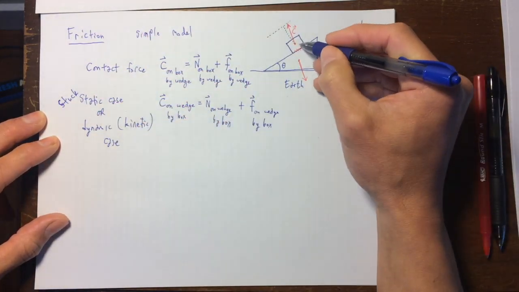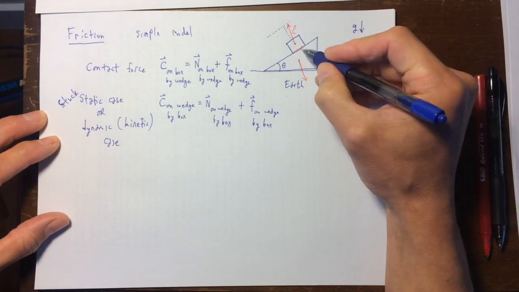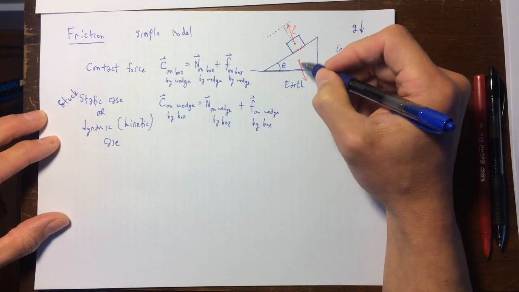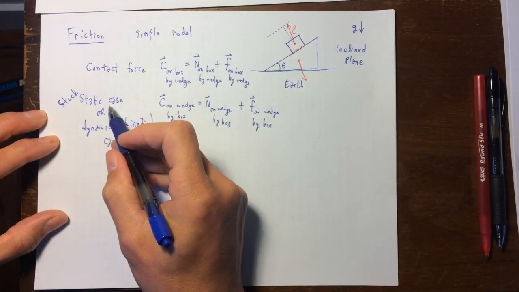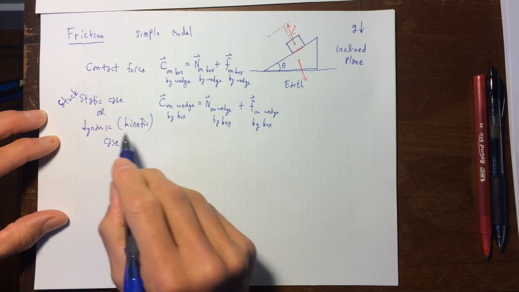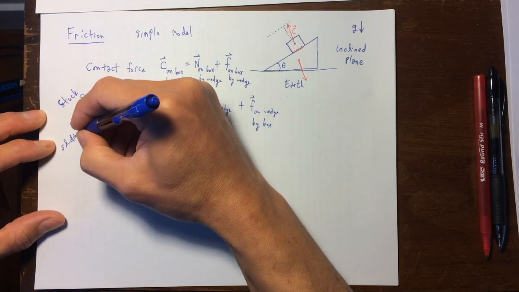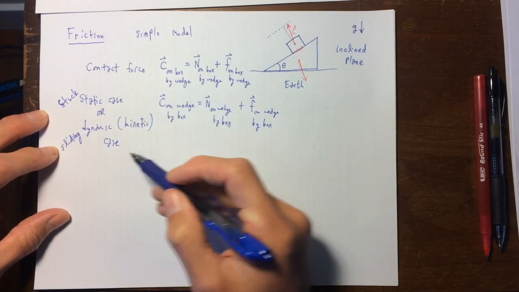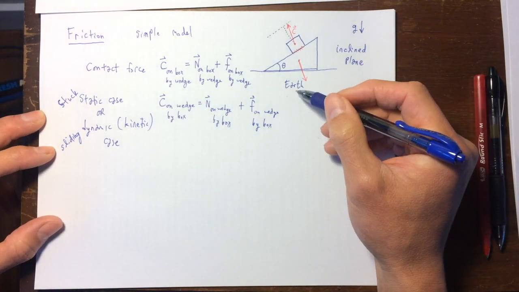Static means that these two objects don't have relative motion, or a better way to say this is that the two individual surfaces do not have relative motion, so they are stuck to each other. The dynamic or kinetic case is the sliding. Sliding means that the two surfaces do have relative motion.